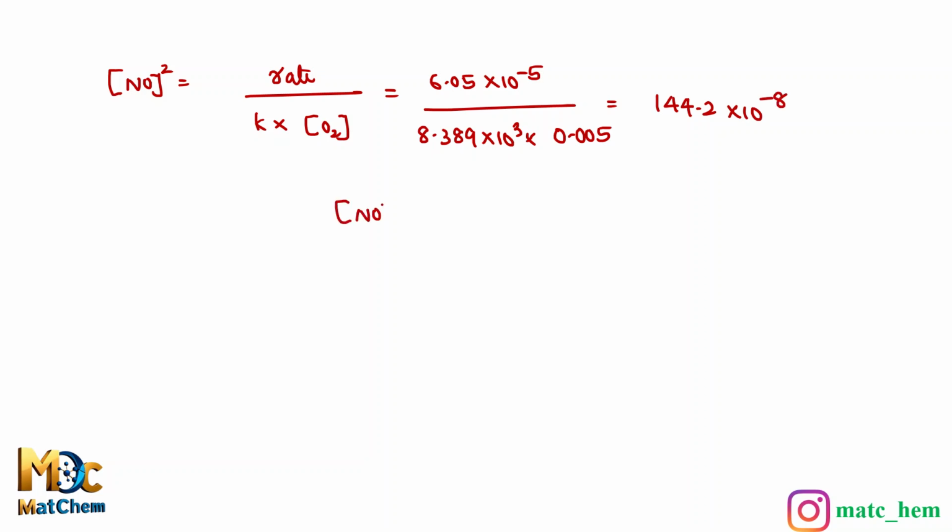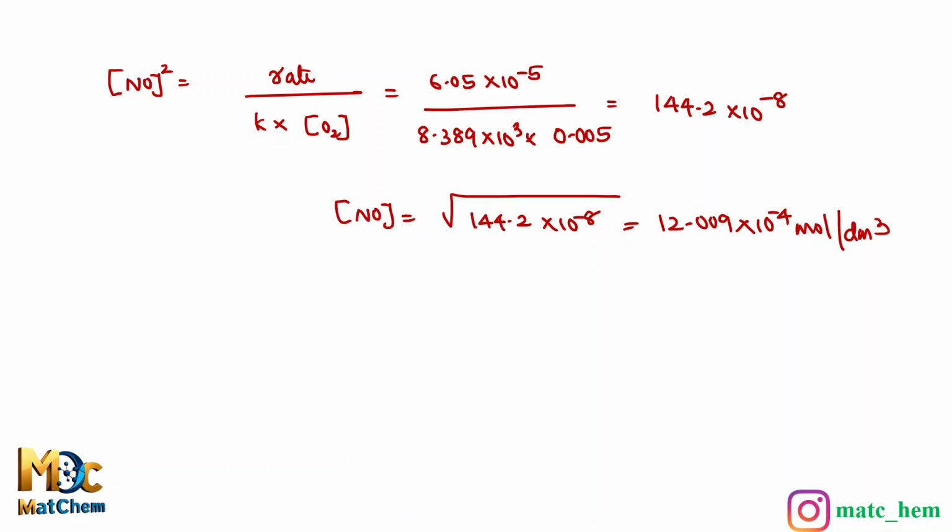That is, concentration of NO will be equal to square root of 144.2 into 10 raised to minus 8, that is equal to 12.009 into 10 raised to minus 4. Since it is concentration, unit will be moles per decimeter cube.